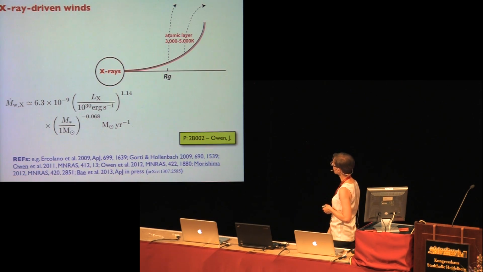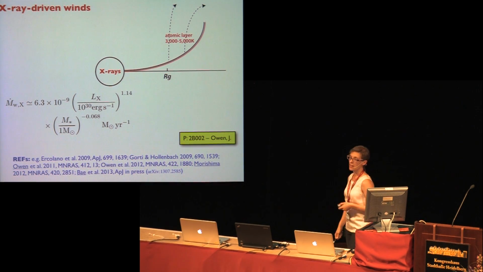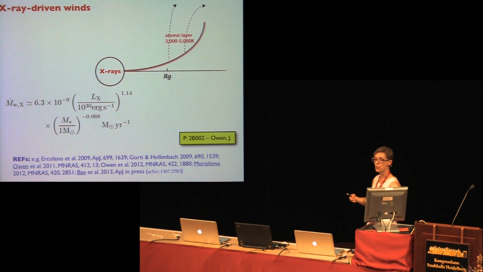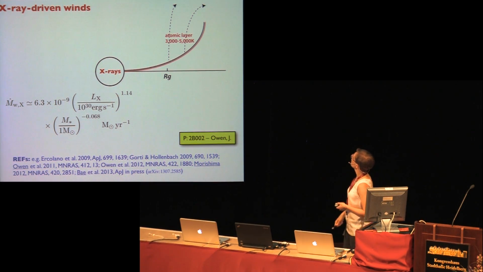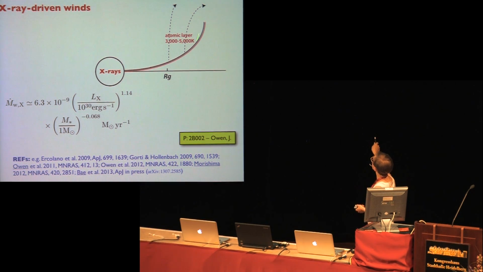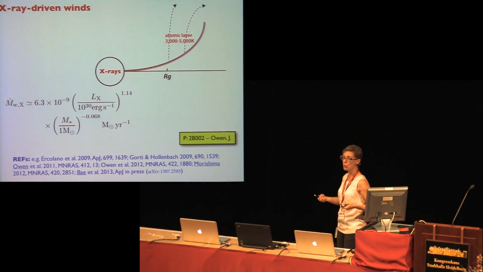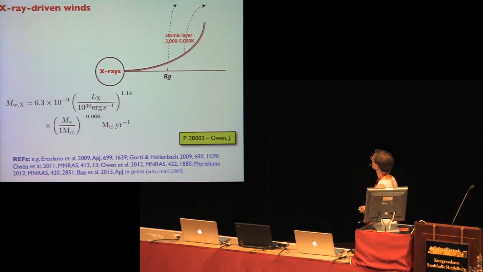So let's look at the models that also include X-ray irradiation, and they are listed here. The X-ray layer is below the EUV layer, so it's mostly an atomic layer, and it's a bit cooler than the EUV layer.